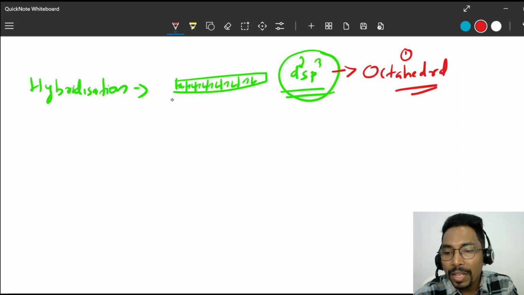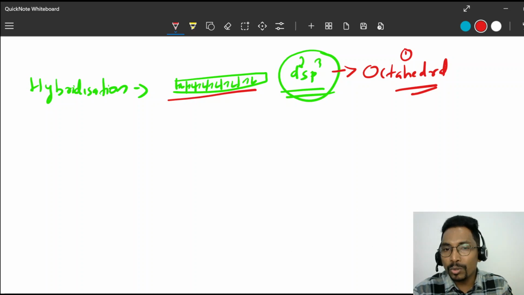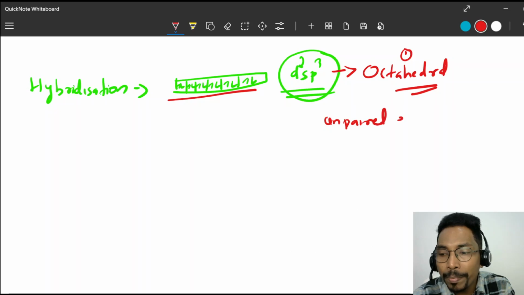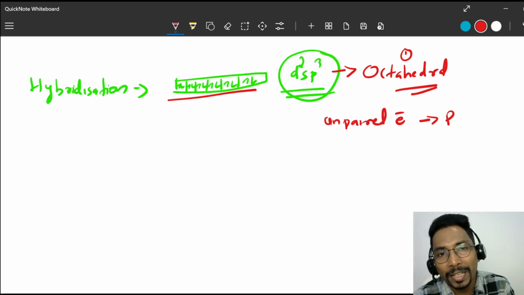You can see there is no unpaired electron here, and the previous page also, I think you remember, all the electrons are paired. Why? Because ammonia is a strong field ligand. How to check paramagnetism and diamagnetism, I am writing the point here, you can note. If unpaired electrons are present, that will be paramagnetic.